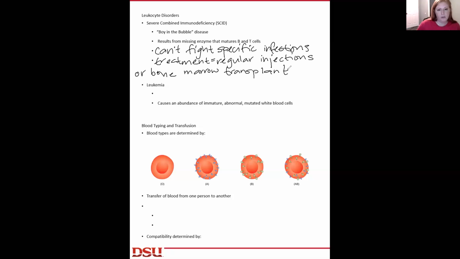So treatments for this now include regular injections to provide the body with what it needs, and bone marrow transplantation.